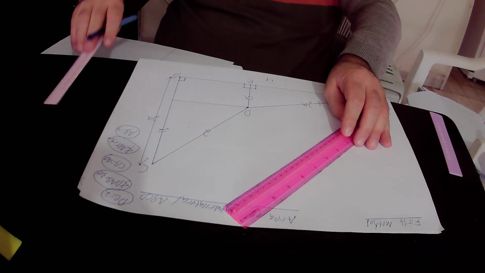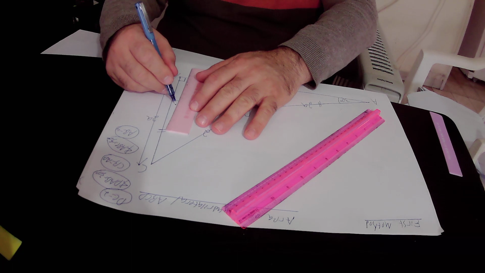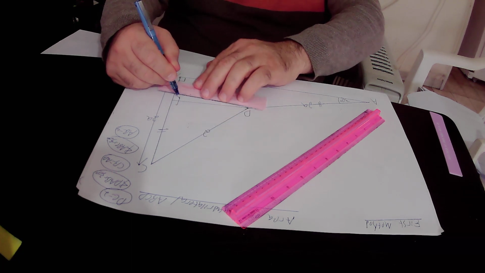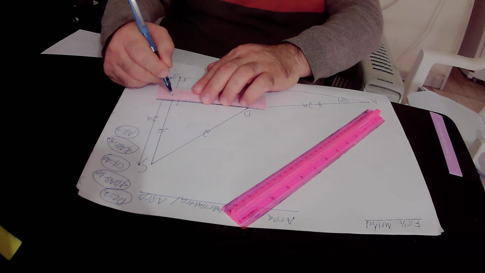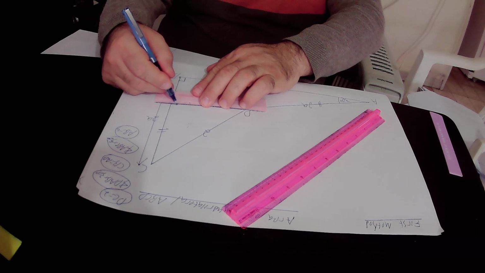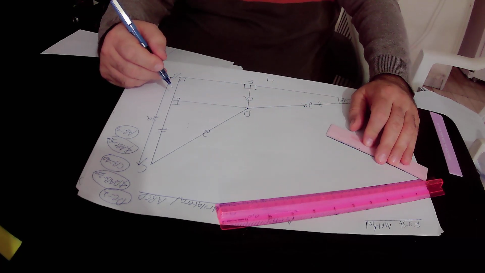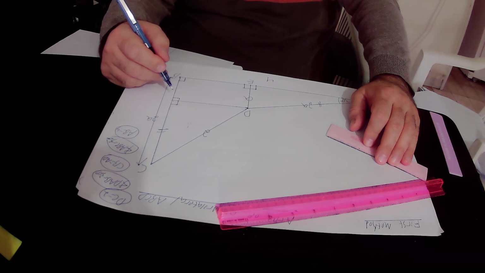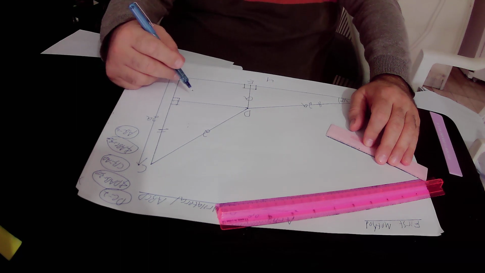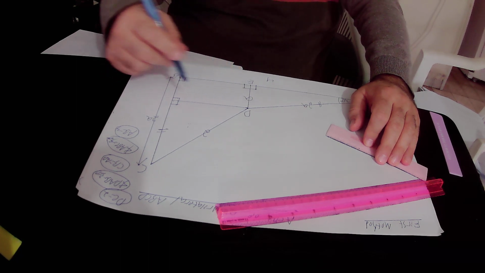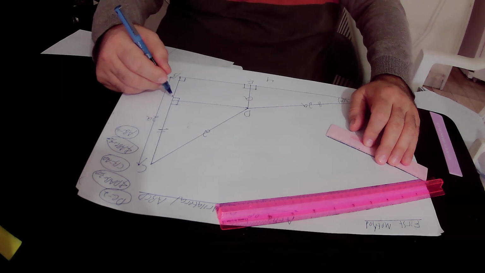So actually, this angle will be a right angle, and this angle will be a right angle, equal to 90 degrees. We will define the touching point between the perpendicular from point D and CB as point F.